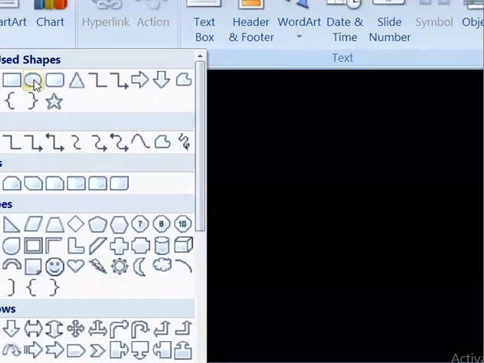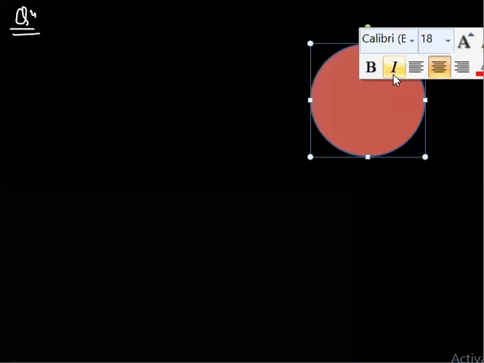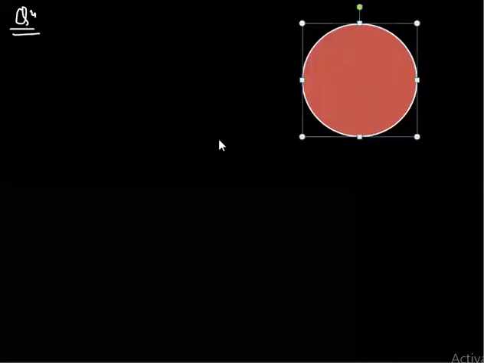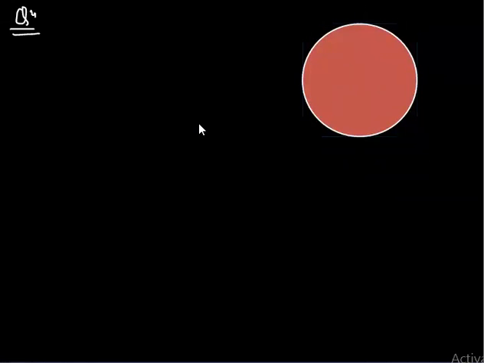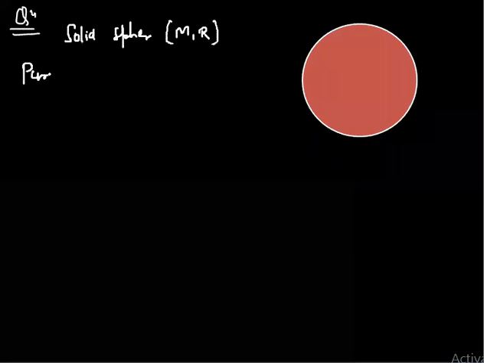Now I would like to have one question here for calculating the kinetic energy of this kind of rigid body. Suppose I have a solid sphere of mass m and radius r, which is purely rolling.